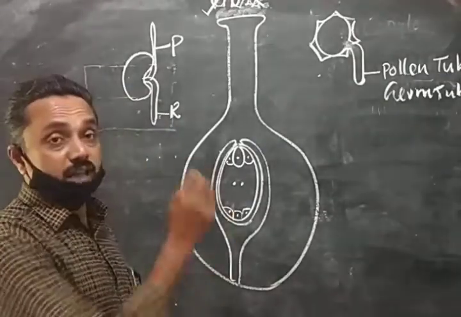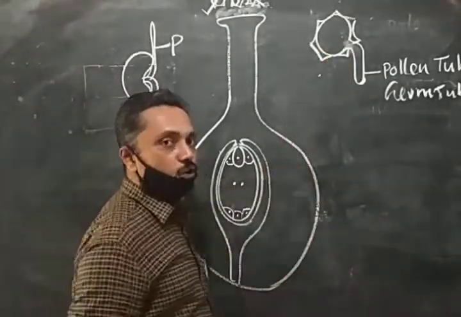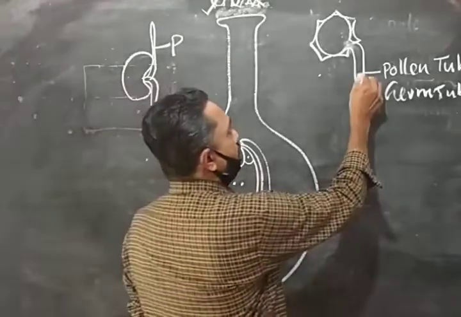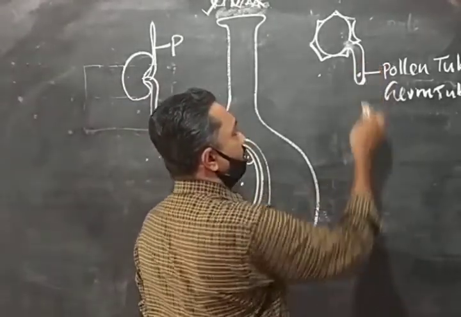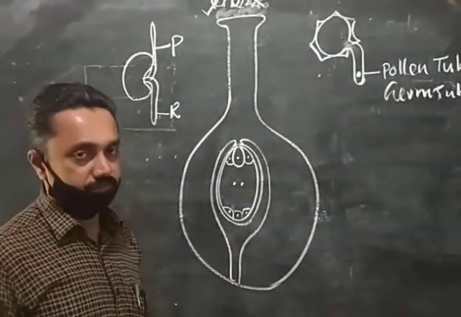And the contents of the pollen grain, inside there are three nuclei and cytoplasm. First of all, the vegetative nucleus comes, somewhat larger, and it comes first.